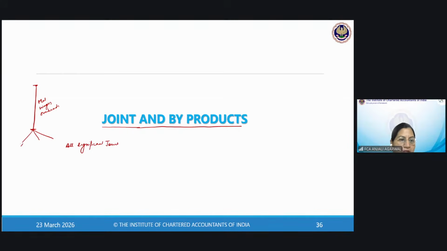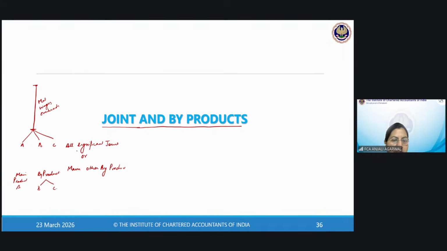So you may have joint product A, joint product B, joint product C. Or if one is a main product, the others become byproduct. So you may have main product A and byproduct B and byproduct C. You may only have two joint products and one main product and one byproduct.